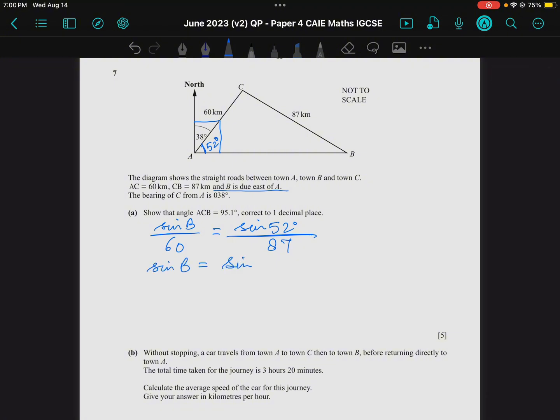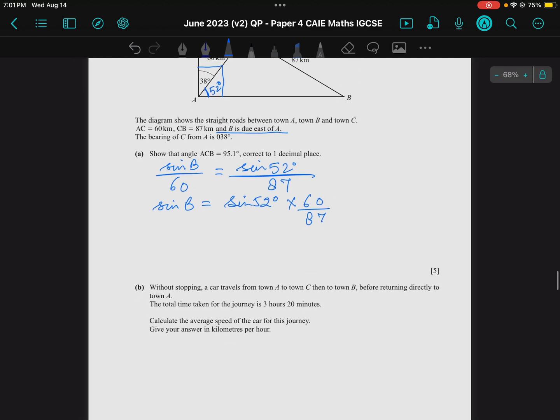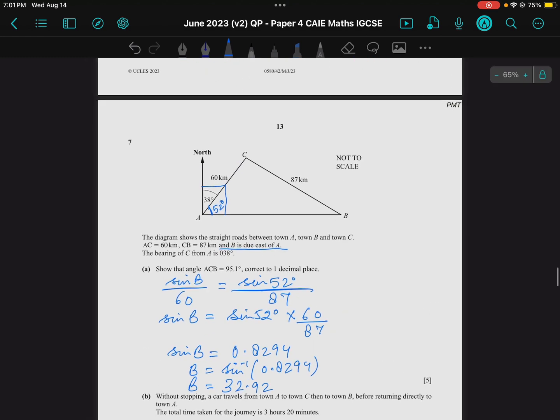Put the value sin 52, and 60 will go to the other side. That means 60 upon 87. Put this in your calculator. So you will get sin B as 0.8294. So B is equal to sin inverse of 0.8294, and you will get B as 32.92.